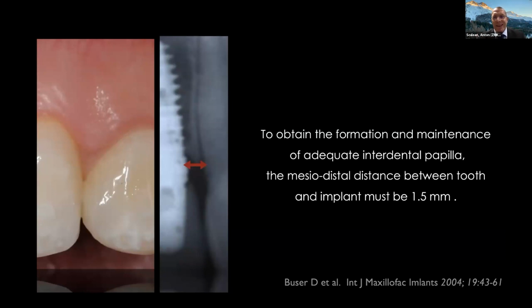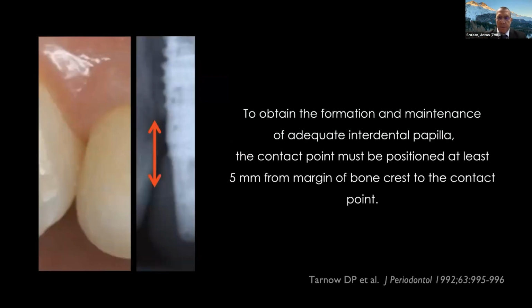So we need to have at least 1.5 millimeters between a tooth and an implant in order to maintain the height of the papilla. And of course, the distance between the contact point of the crown and the bone level needs to be of at least 5 millimeters. Otherwise, again, the papilla will be lost.